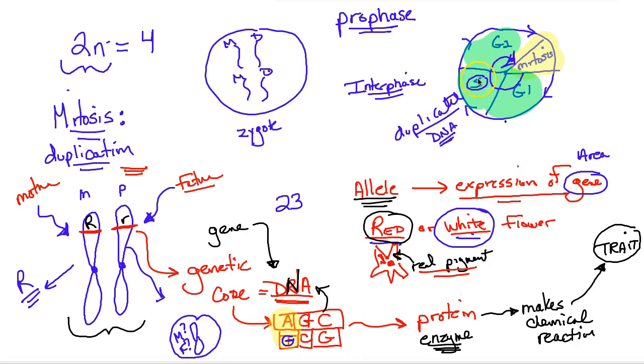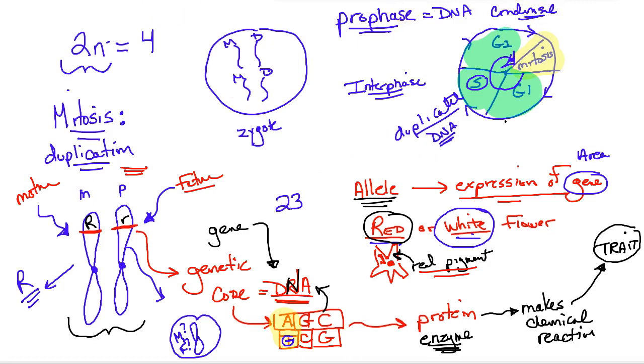So most of the time, DNA is not really in a chromosomal form. Let me explain. When you learned about prophase, you learned that DNA was condensed. What does that mean?